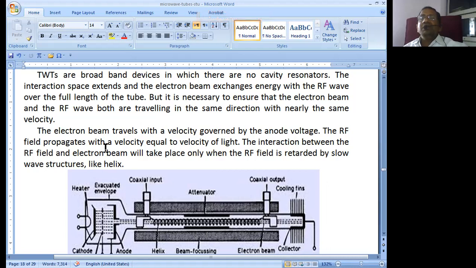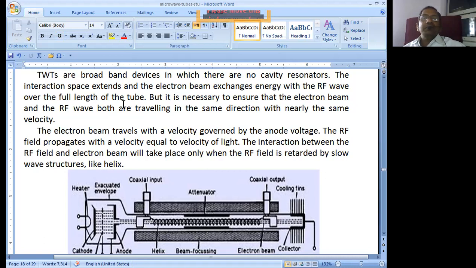Therefore, that is the reason we go for TWT tubes. TWT tubes are broadband devices in which there are no cavity resonators. There is no cavity business here in the case of the TWT tube, so the entire space is the interaction space.